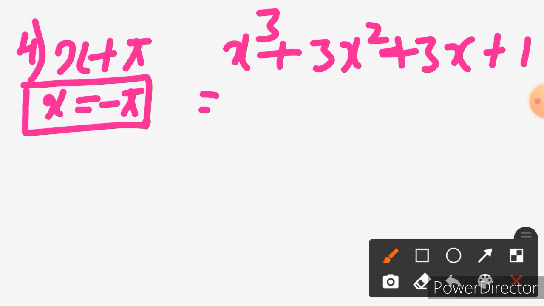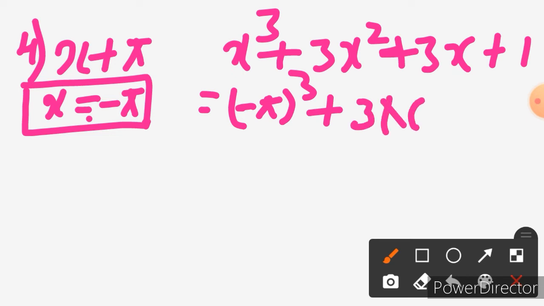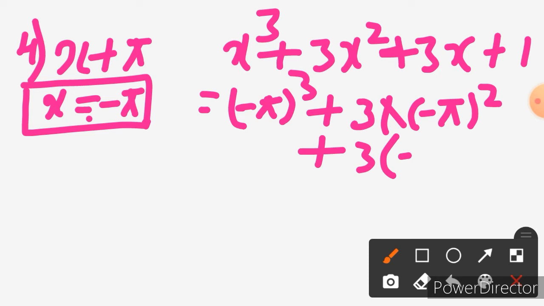Okay, now what is our x here? Minus pi. Substitute in the x place minus pi: minus pi whole cube plus 3 into minus pi whole square plus 3 into minus pi plus 1. All I did in this step is just substitute the value of x, correct?